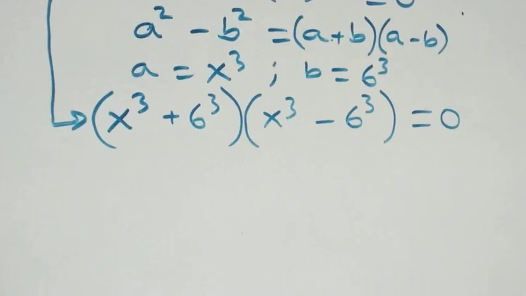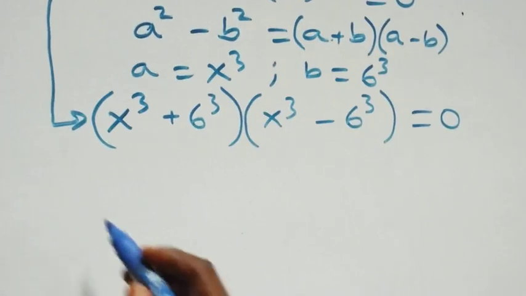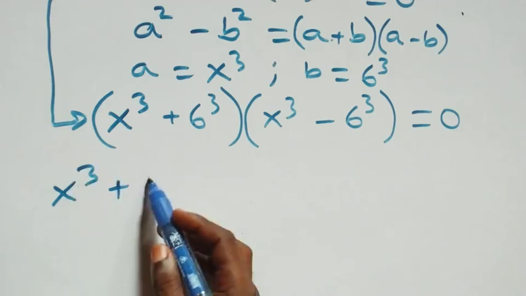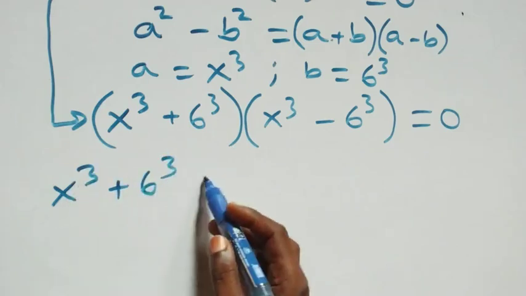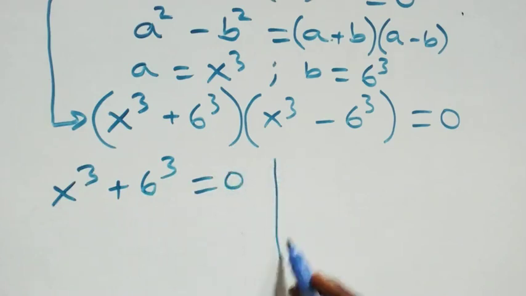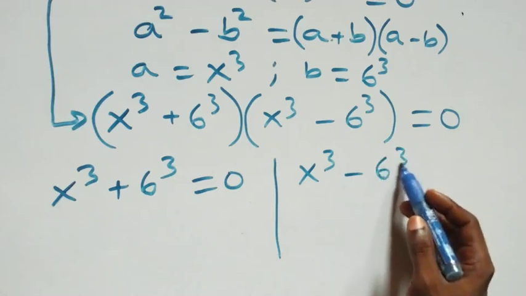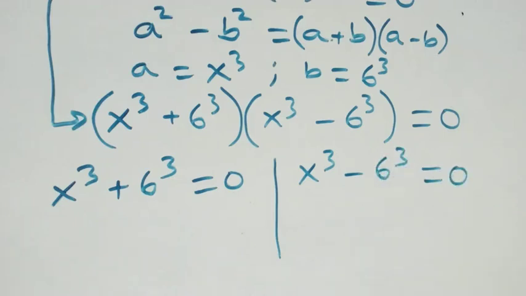The next step, we have two possible cases. The first one, x raised to power 3 plus 6 raised to power 3 equals 0, or we have x raised to power 3 minus 6 raised to power 3 equals 0.